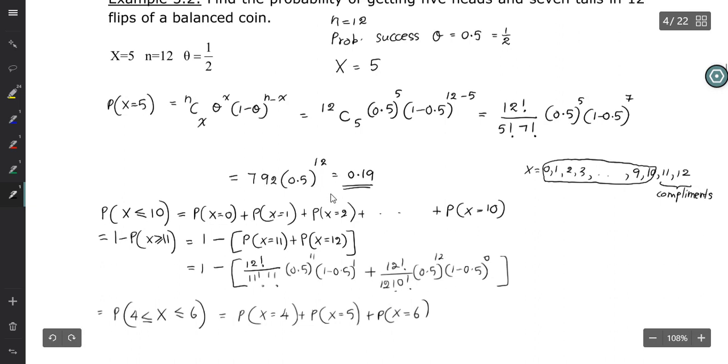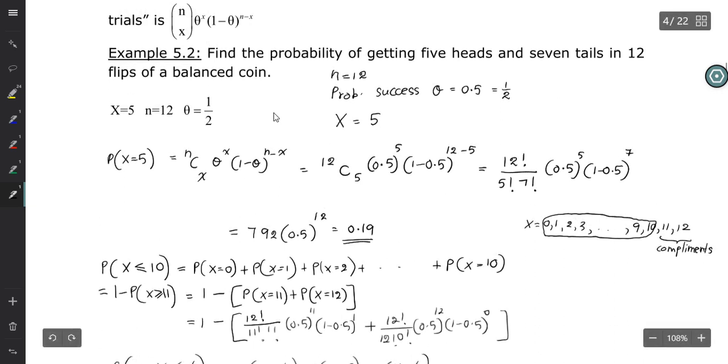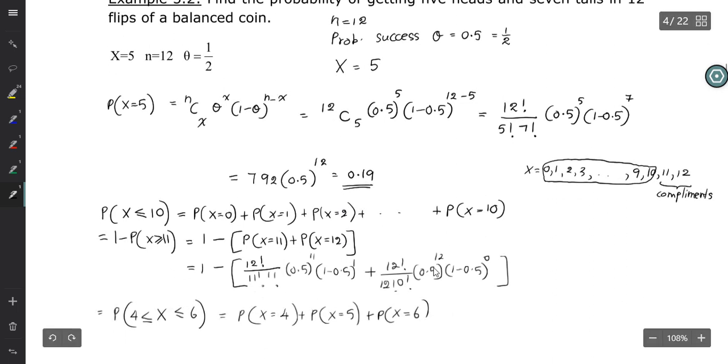Now if you look at this example carefully, when your number of trials is 12, it's easy to handle, and the probability of success is 0.5, and that calculation is also very simple because the probability of success and failure are both the same. These calculations are easy. You can do the hand calculation using a standard calculator.